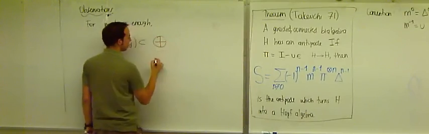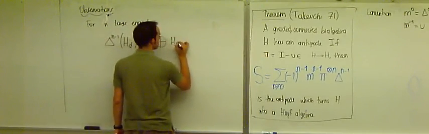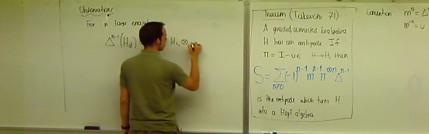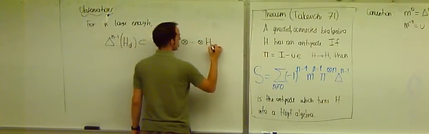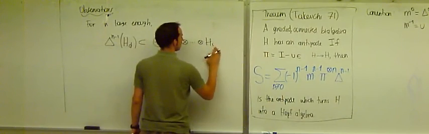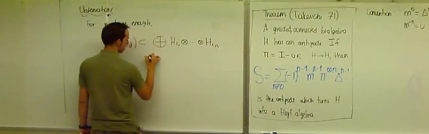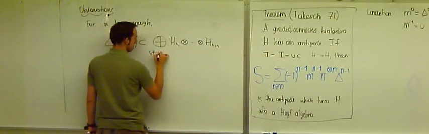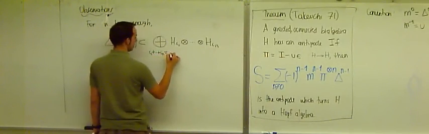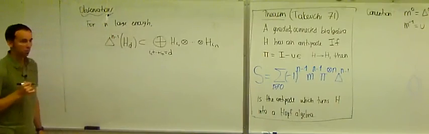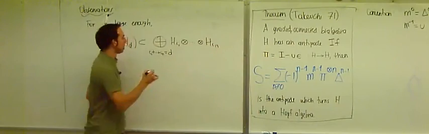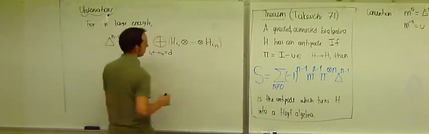I mean, this is going to be a big sum of things, h_{i_1} tensor dot dot dot tensor h_{i_n}, where i_1 plus dot dot dot plus i_n is equal to d, right? If I take something of degree d, then the degree has to be distributed among the tensor product. Okay?